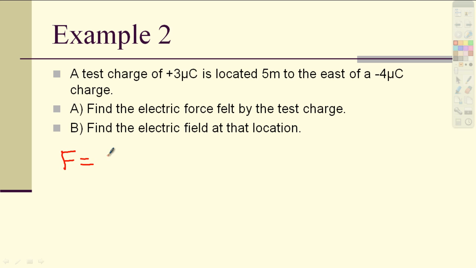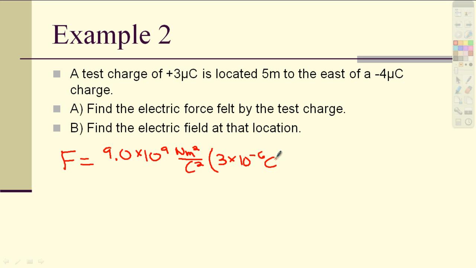Force equals K, and K is 9.0 times 10 to the 9 newton meters squared over coulombs squared, times the 3 microcoulomb charge, 3 times 10 to the minus 6.